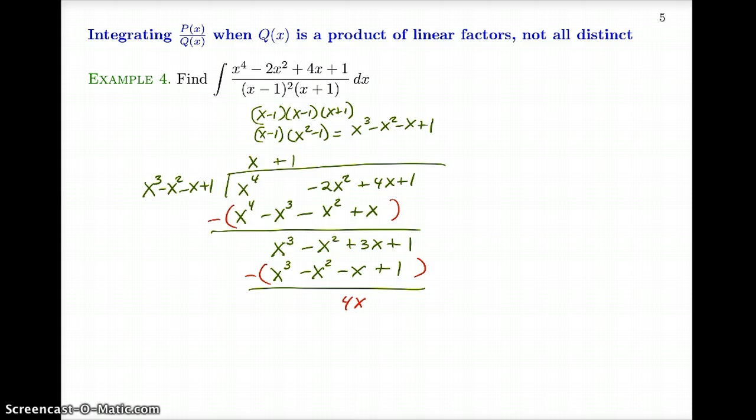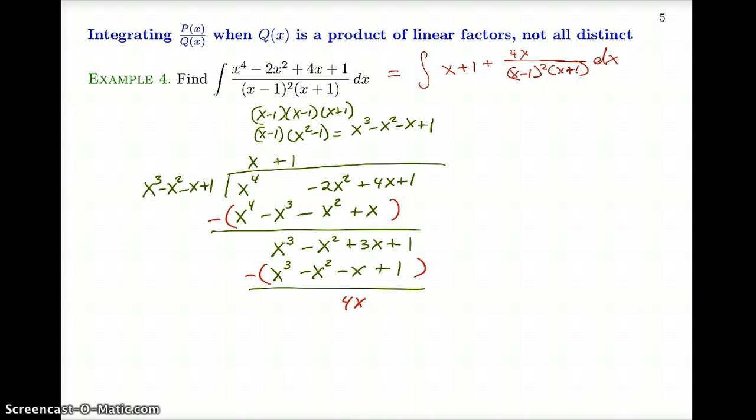And so this original expression can be written as x plus 1 plus 4x, that's a remainder, over x minus 1 squared times x plus 1, dx. Okay.